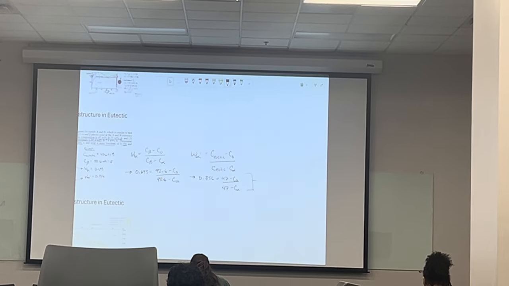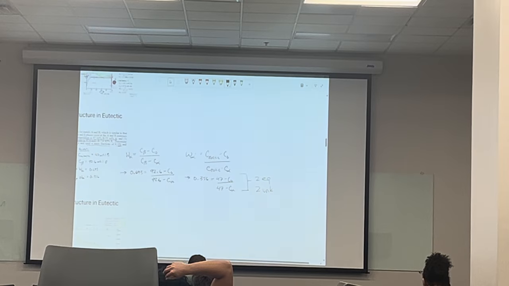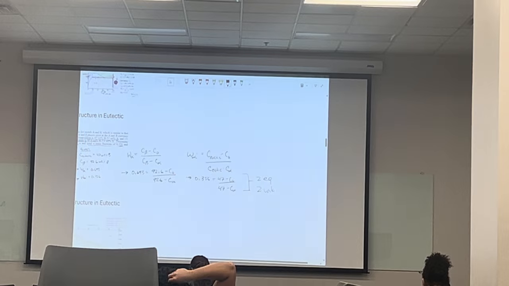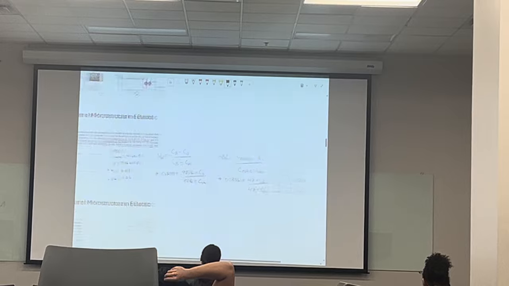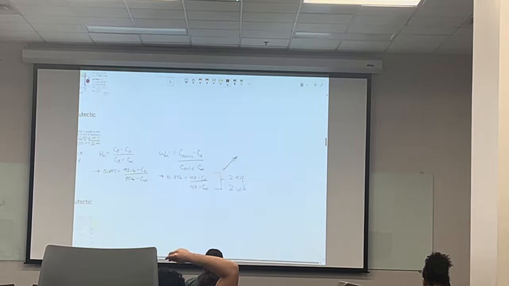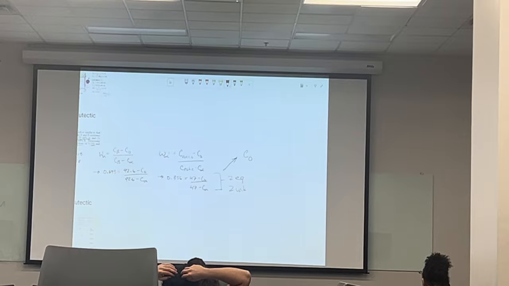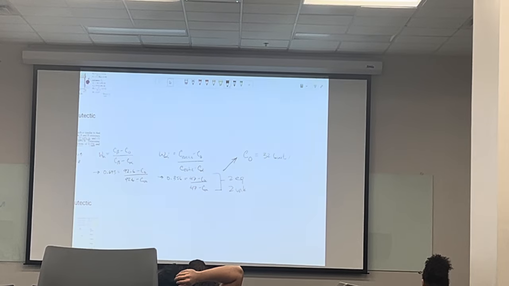We basically just solve for these, or we can use them both together to solve for each of those variables. And if we solve those together, we should end up with a C naught that is 13.6 weight percent.